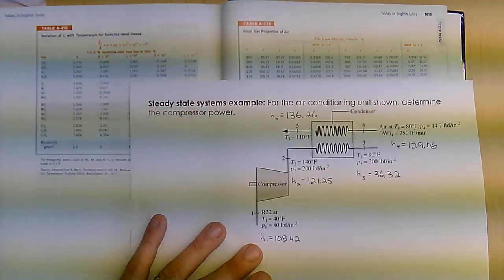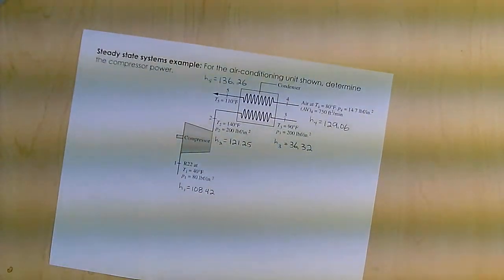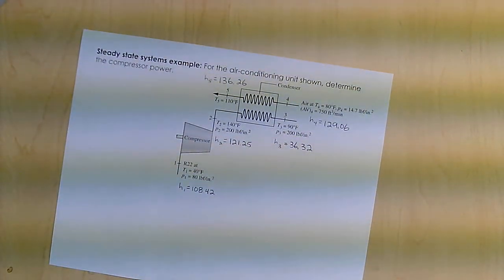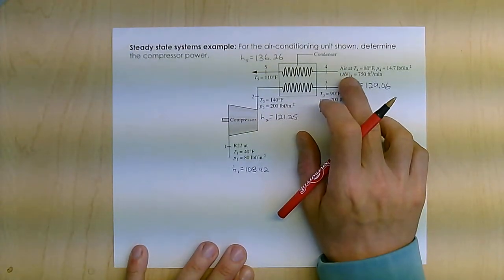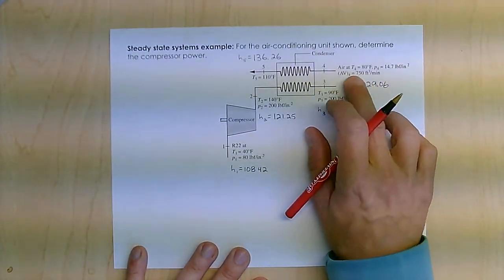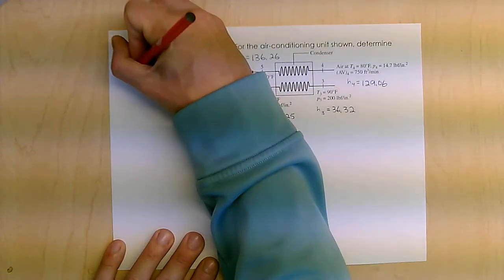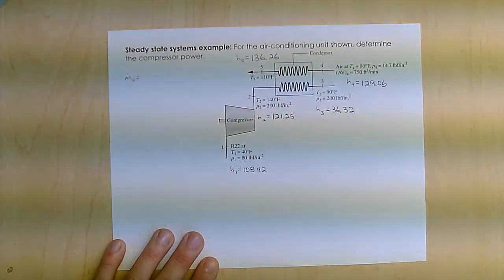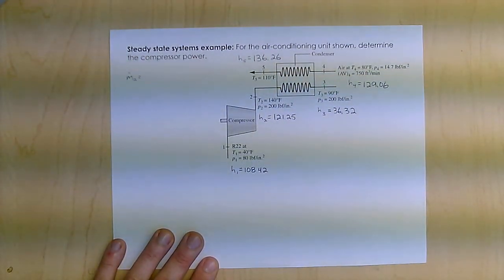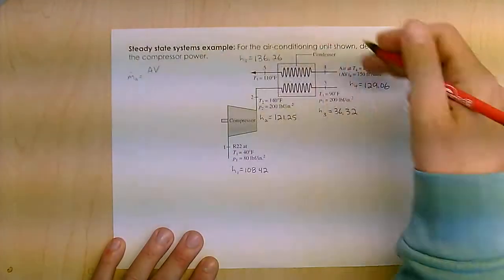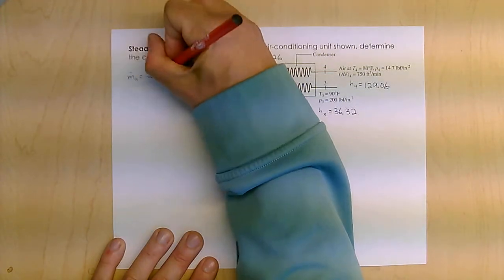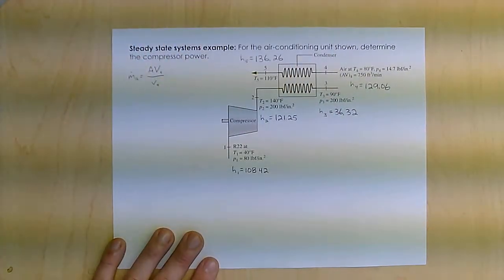Okay, so now to find the power in the compressor, the next step is to deal with my mass flow rates and figure out what those are. I can find the mass flow rate of the air because I'm given the volumetric flow rate here. So the mass flow rate of the air is basically going to be A V4 divided by the specific volume at 4.